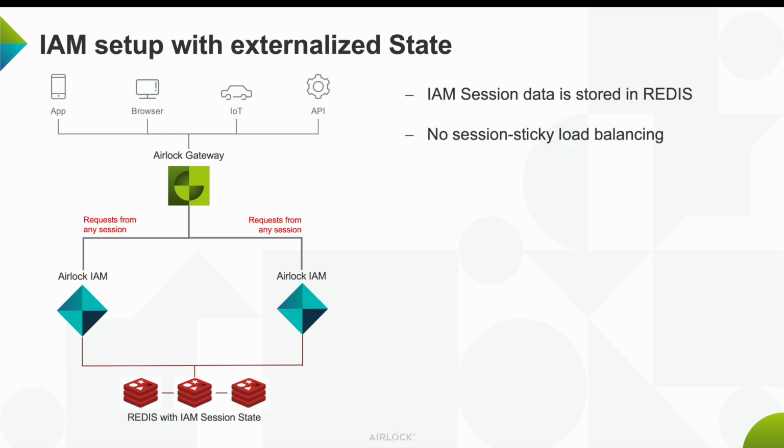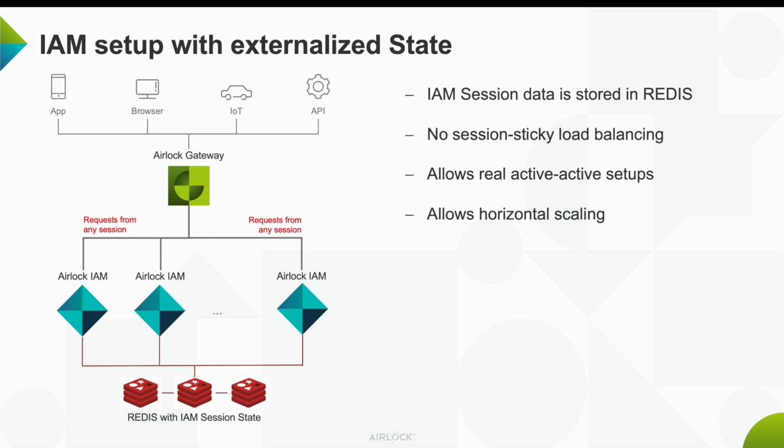This means any request can now go to any IAM and it will just work. It doesn't matter if the first request of a session goes to the left IAM and the next to the right one, and so on. And it also means that you can do real active-active setups.